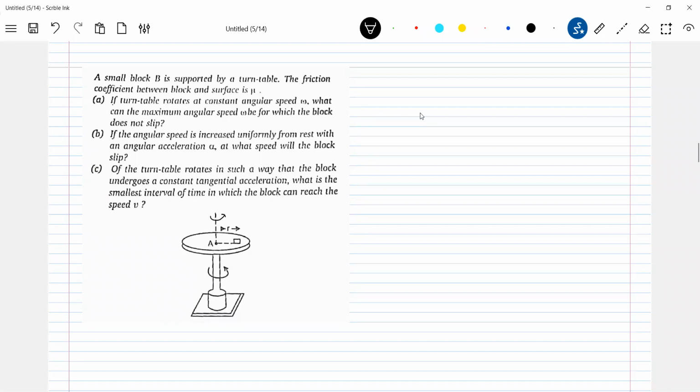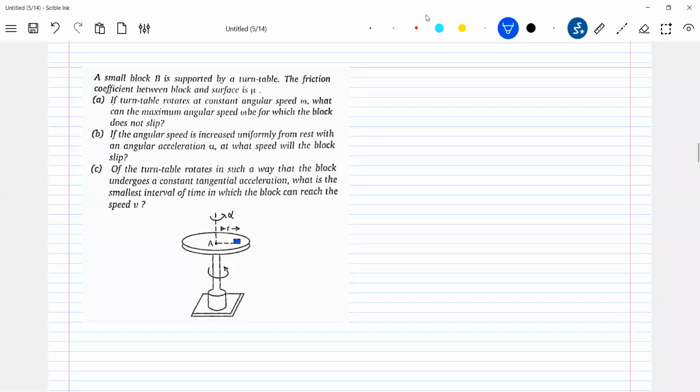So next, second part of the problem, I'll start it. If the angular speed is increased uniformly from rest with an angular acceleration alpha, at what speed will the block slip? Where is the block? This red color is the block. This is a turntable.